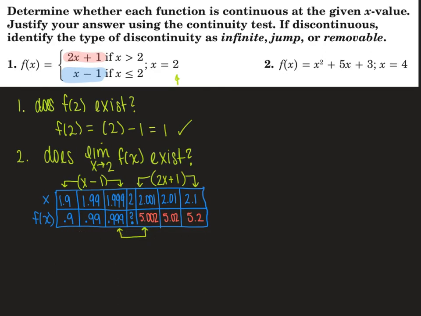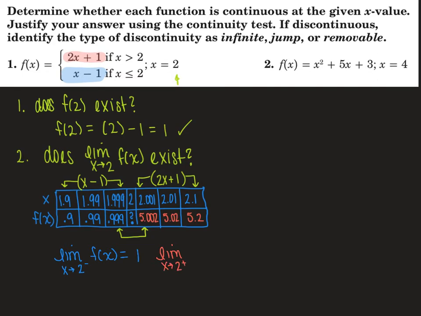From the left-hand side, the way that we could write this out, just go with the notation here: the limit as x is approaching 2. Now when we're talking about the left-hand side, we have a little minus. So the left-hand limit is going to equal 1. We're approaching the value of 1. Now when we're looking at our right-hand side, we have the limit as x is approaching 2.